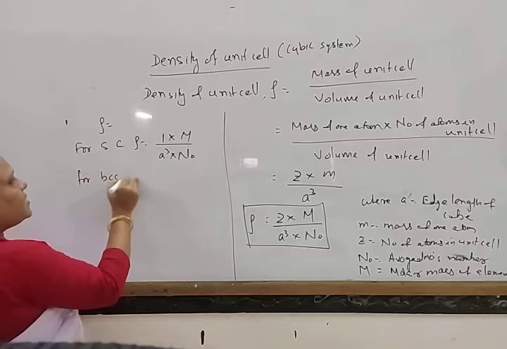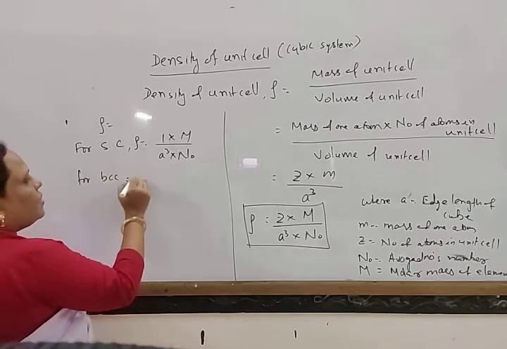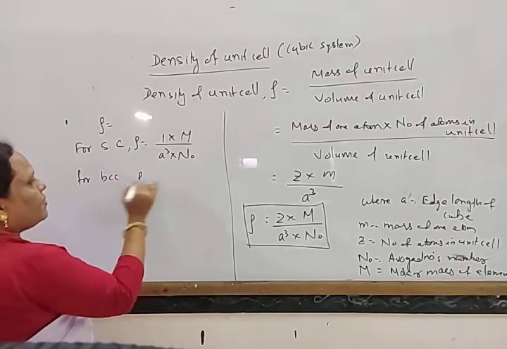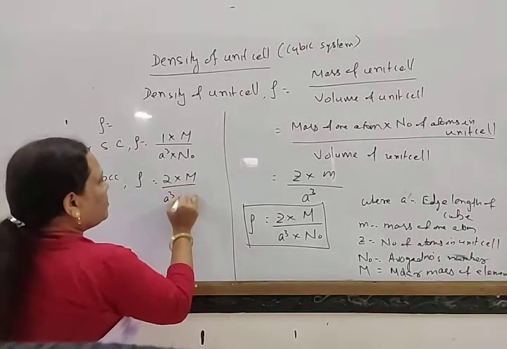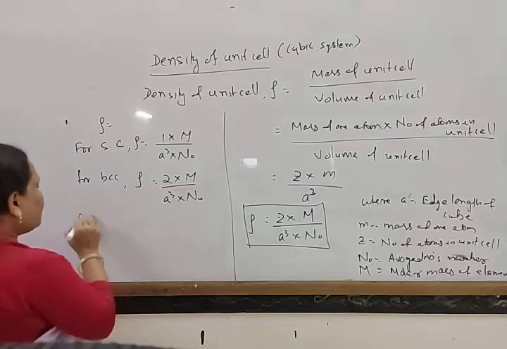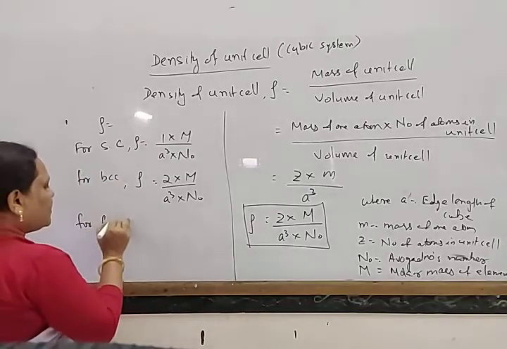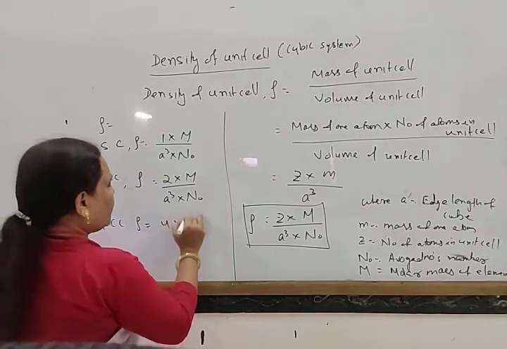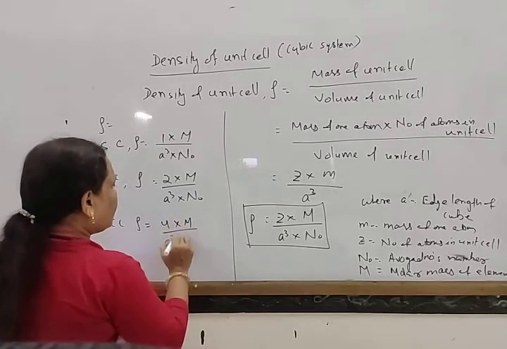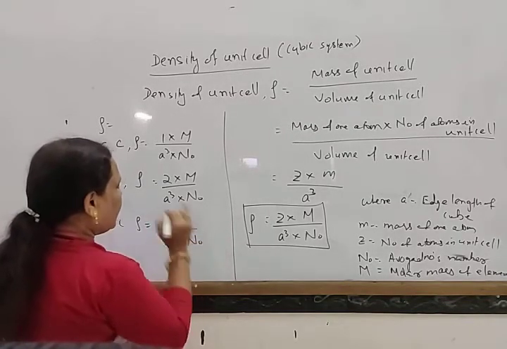For BCC, rho equal to 2 into M by a cube into N0. For FCC, rho equal to 4 into M by a cube into N0.